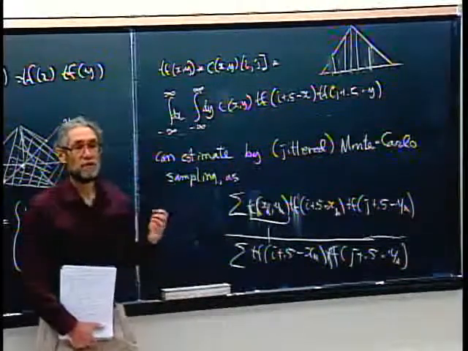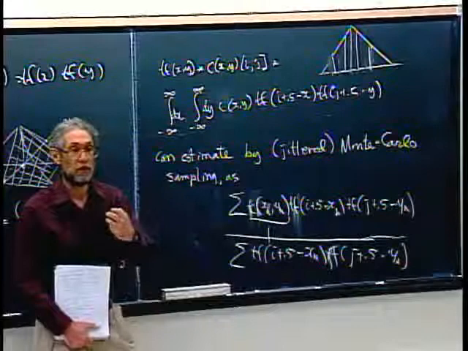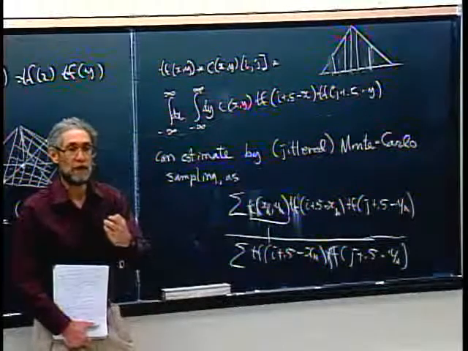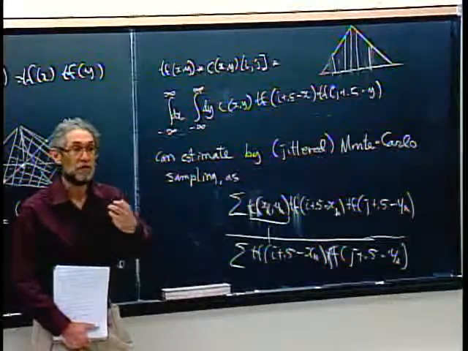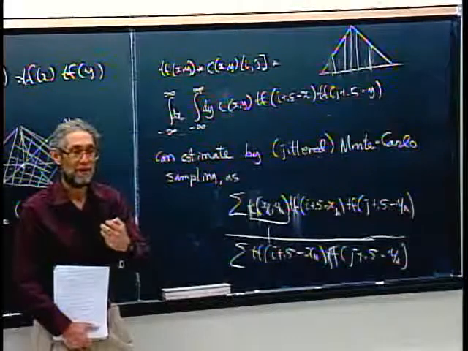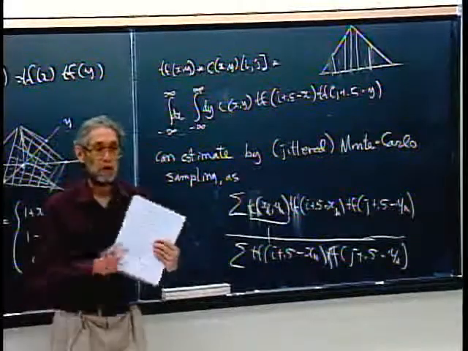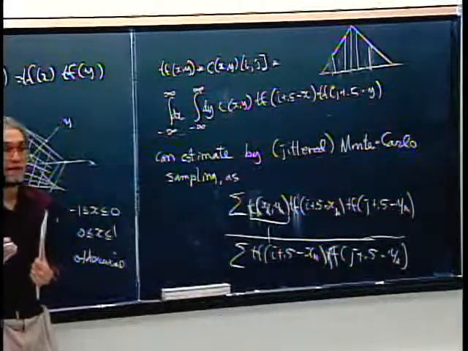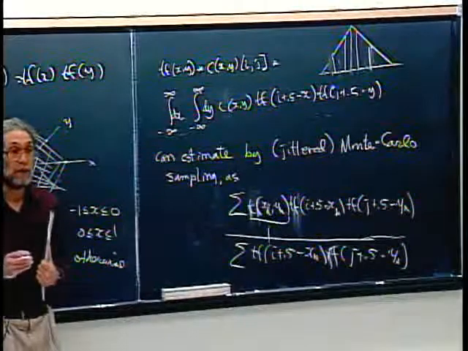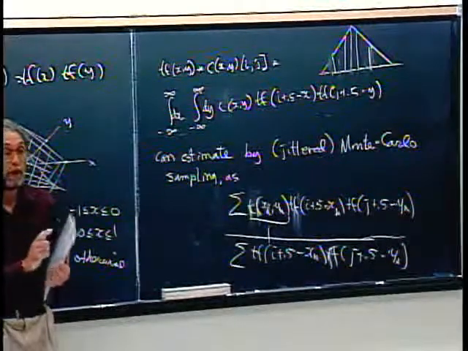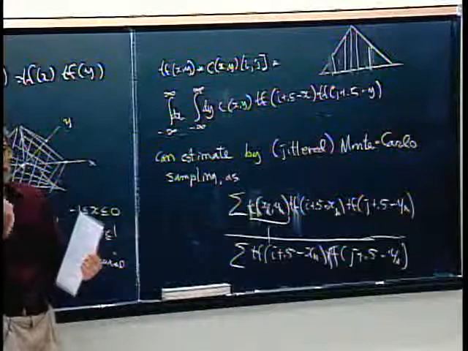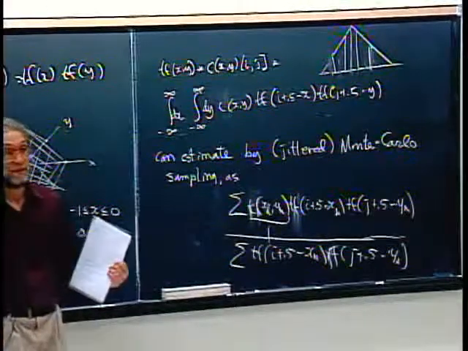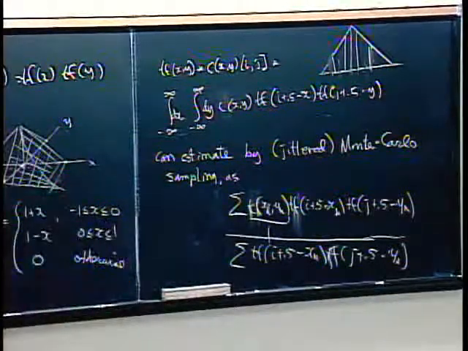But there's another word for something that if you take enough samples, it'll still converge to the right answer, even though it's a biased estimate. Consistent, I think, is the word. And so this dividing by the sum of the weights is a consistent way of estimating the color. In the limit, it'll be the true color, but it'll get rid of some of the noise on slowly varying intensities. So how can we do that in an actual code?